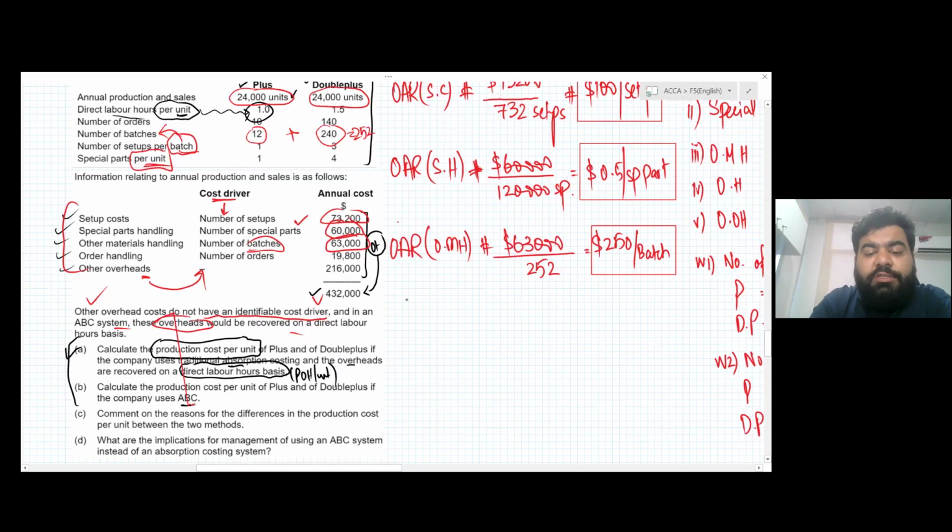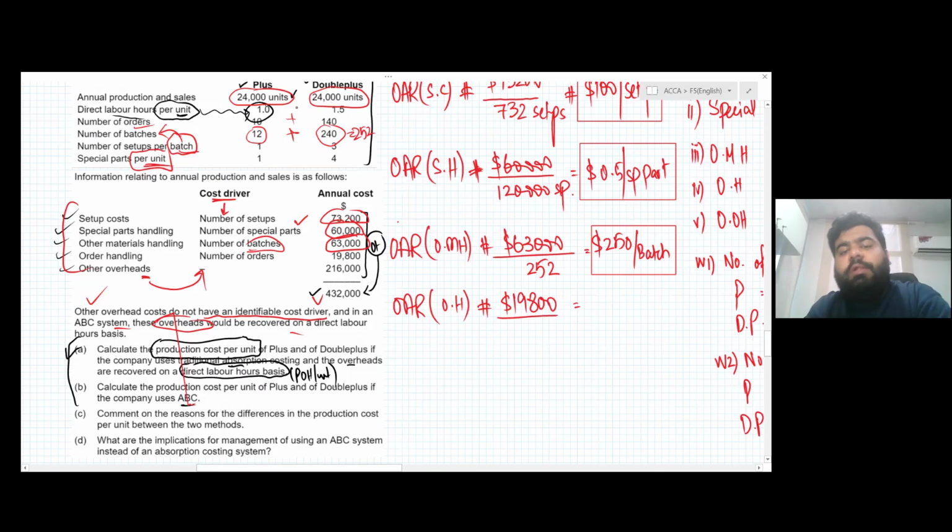Okay. Afterwards, there is the OAR of other handling, for which number of orders was the base. The cost is $19,800, and the base will obviously be the number of orders. It's written here, number of orders 10 and 140, means in total.